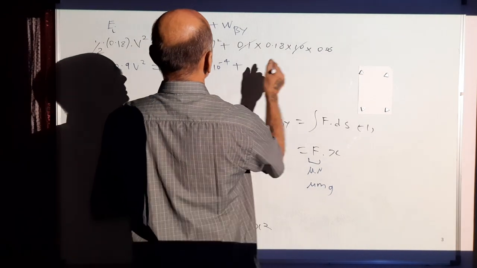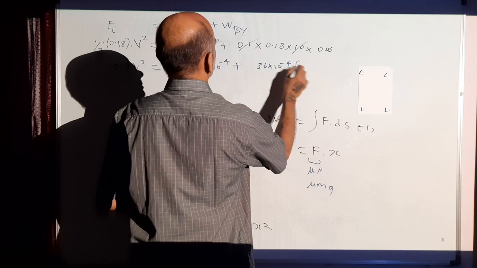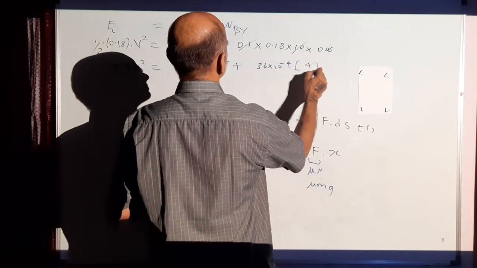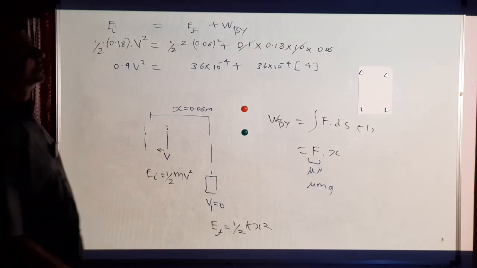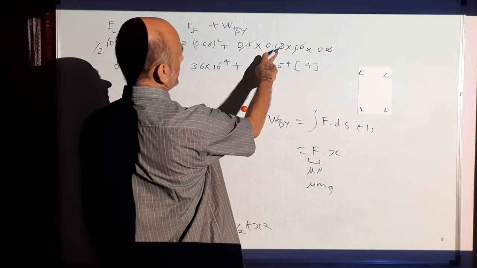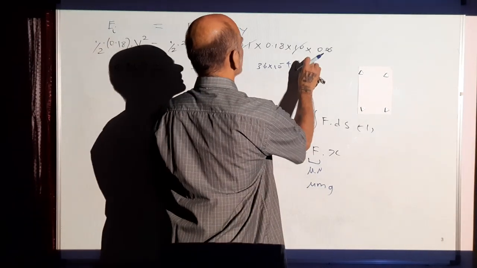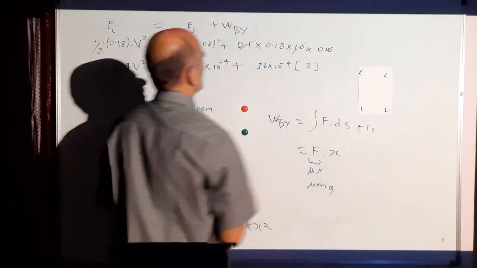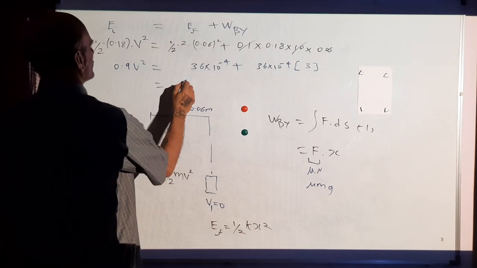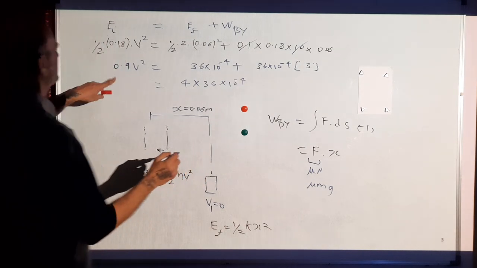So here there is 1.0. So 36 into 10 raised to minus 4, 0.06 into 3 times. So 3 plus 1, 4. Okay, it's just 3, no? So 4 times 36 into 10 raised to minus.